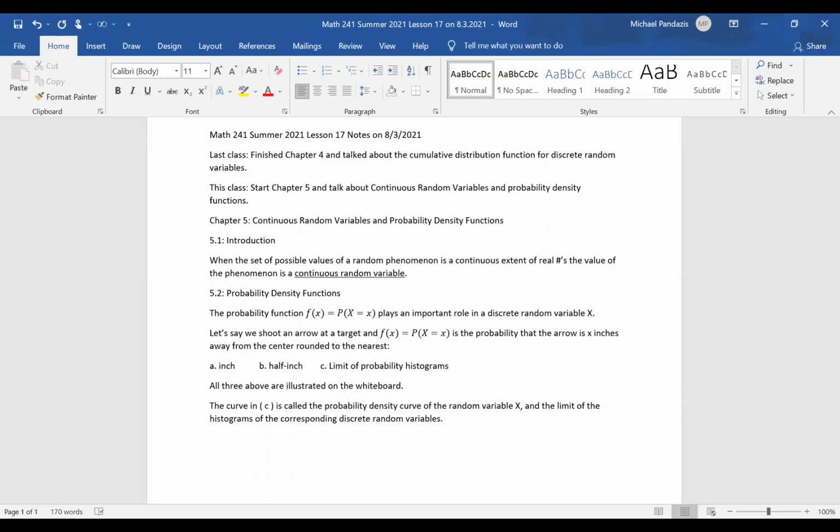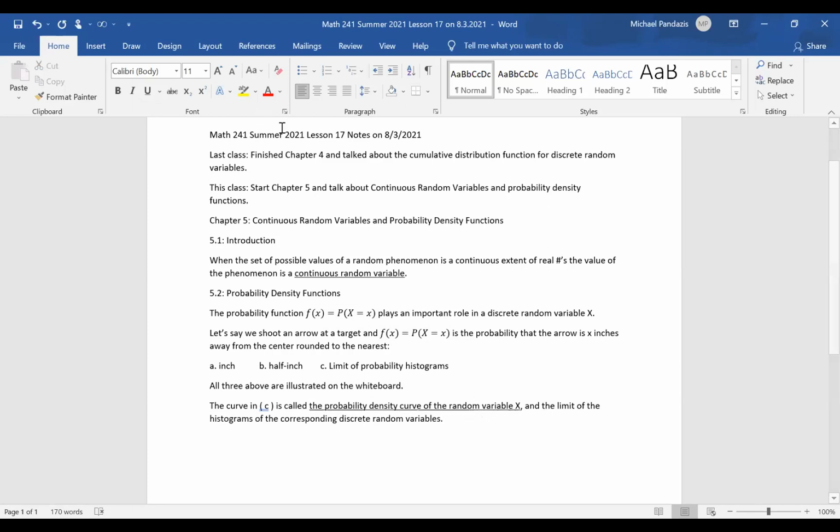Okay, so the curve in C is called the probability density curve of the random variable X. So that curve I drew in C, which is the limit of those histograms, is called the probability density curve of random variable X.